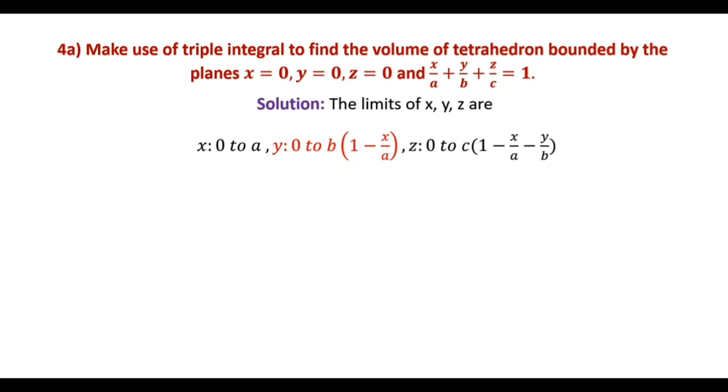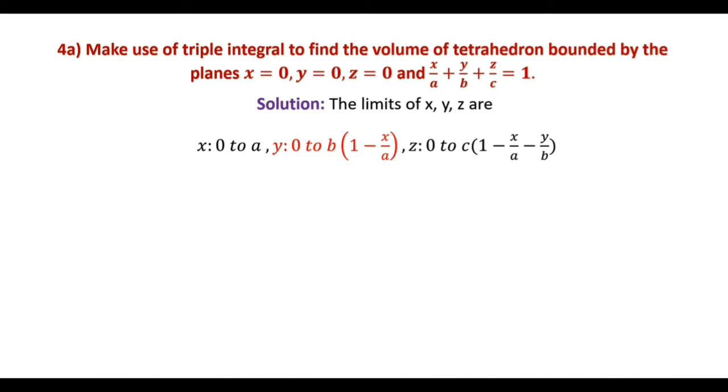Now you can make z the subject from the relation x by a plus y by b plus z by c is 1, which gives z equal to c times 1 minus x by a minus y by b. To get the upper value of y, we have the relation x by a plus y by b is 1.